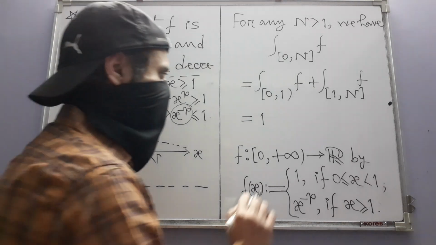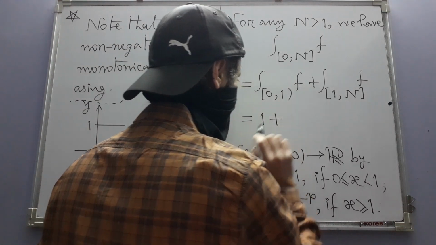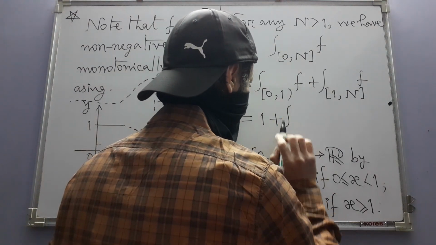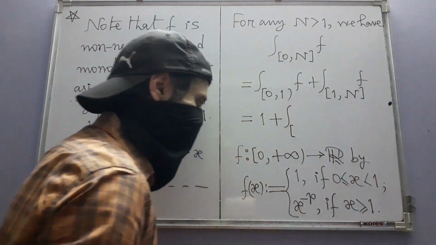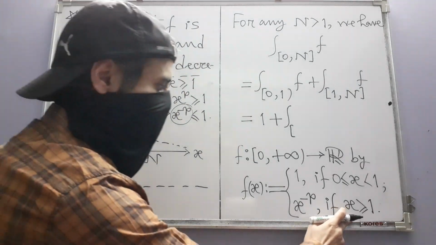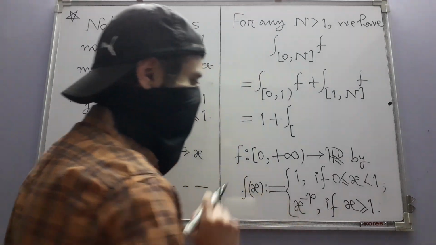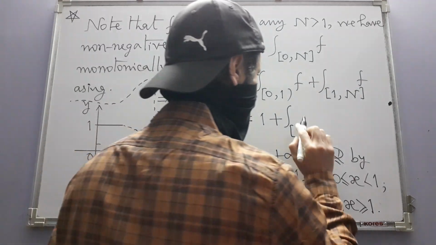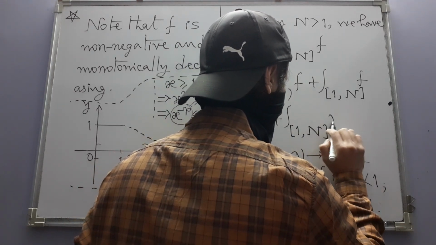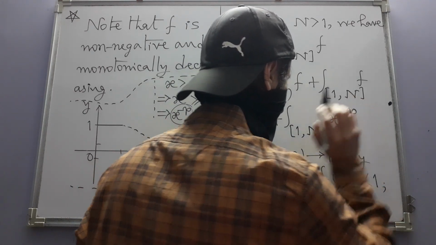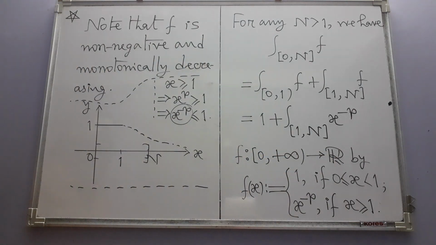Alright, now what will be the second integral? For the second integral, the variable is greater than or equal to 1, and that's why this part of the definition of f has to be used.